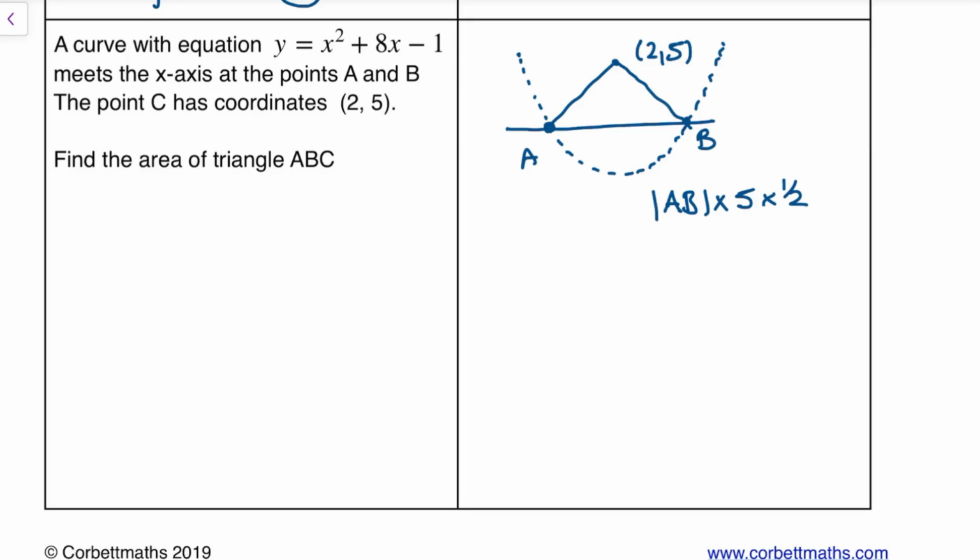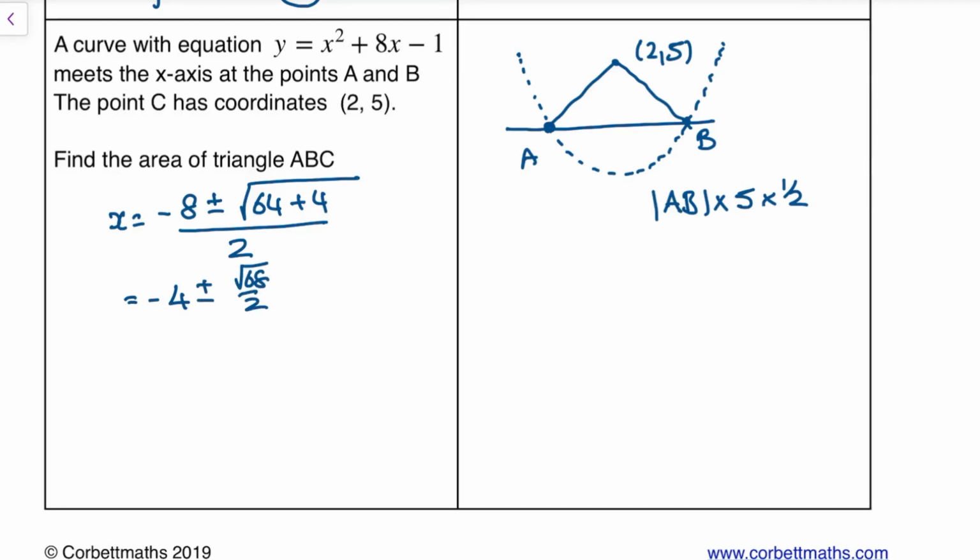So let's do that. So I've got y equals x squared plus 8x minus 1, which means x equals, I'm going to do minus b plus or minus the square root of b squared minus 4ac, over 2a, which is going to be minus 8 plus or minus the square root of 64 plus 4, divided by 2, which I can simplify down to minus 4 plus or minus the square root of 68 over 2.